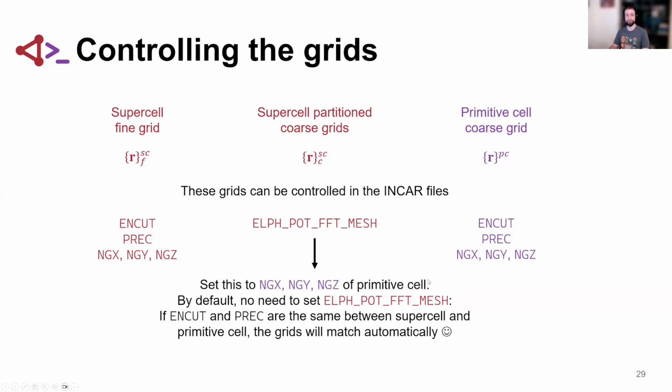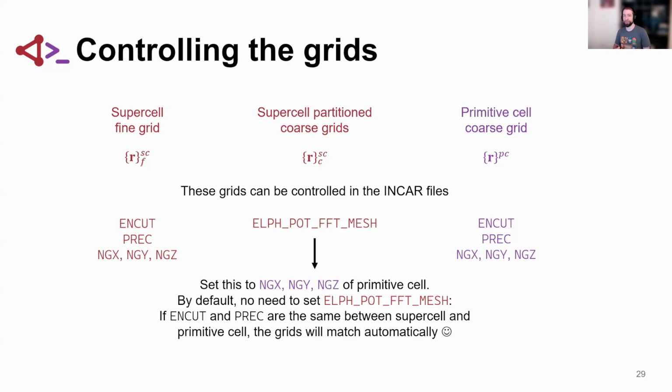But the good news is none of this is relevant if you just use consistent settings between supercell and primitive cell. So if you use the same INCAR and the same PREC, then VASP chooses all these values internally such that they match perfectly on top of one another. So that's quite nice. It's an incentive for you to also keep the same computational parameters between one calculation and the next.